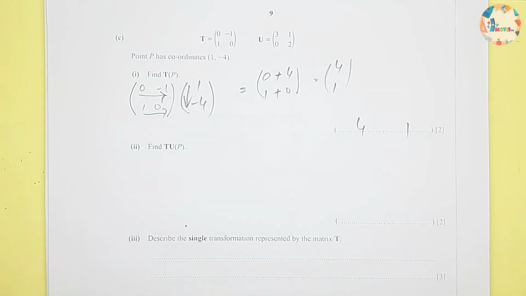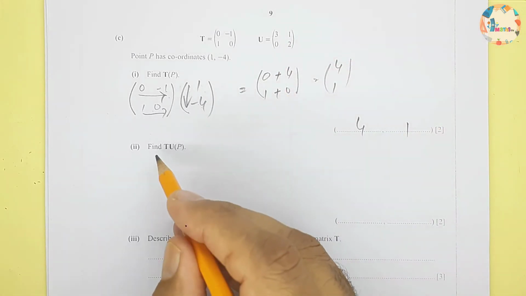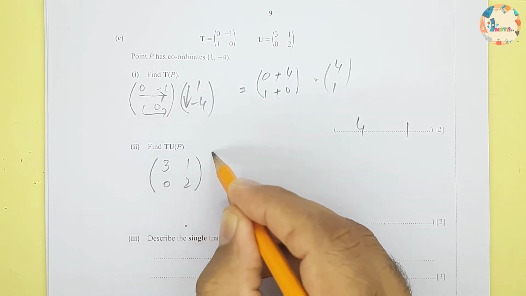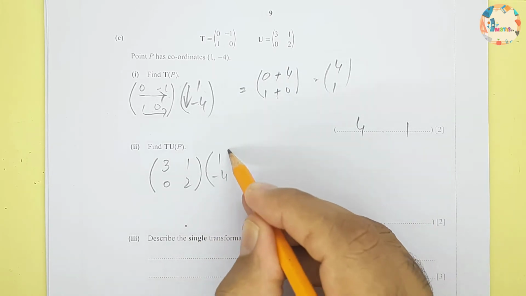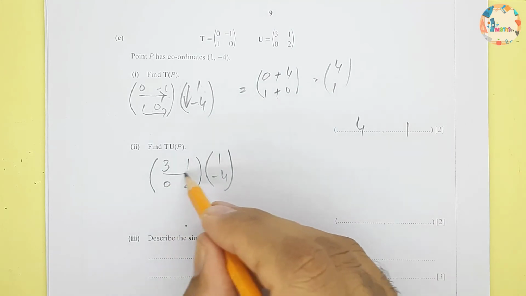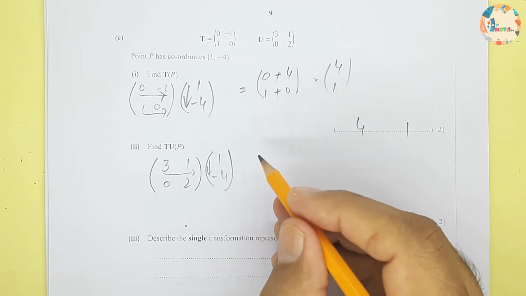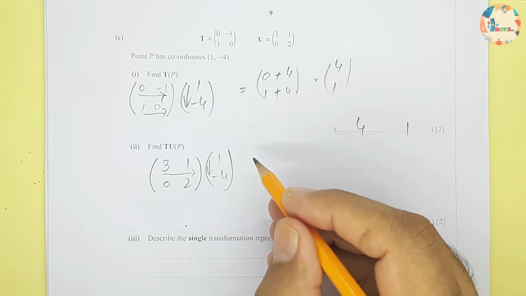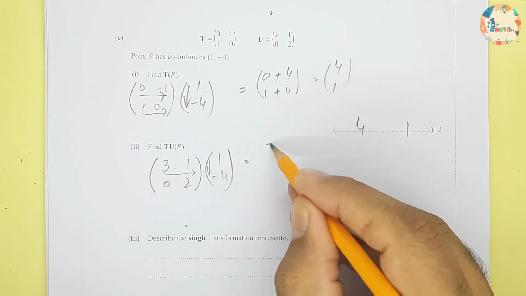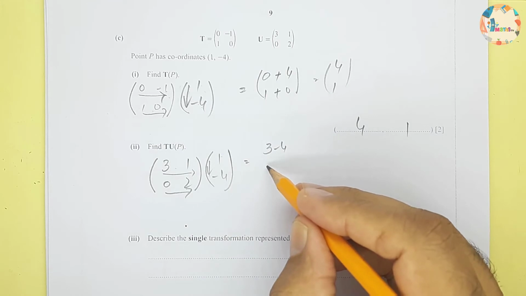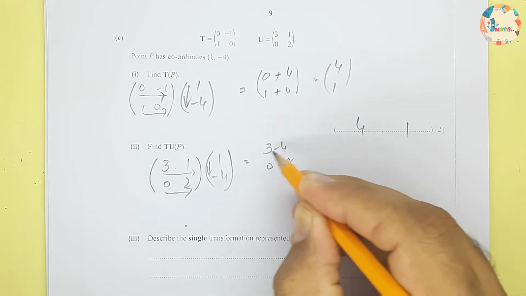Now find TU of P. First of all we will apply U on P. So 3, 1, 0, 2 we will apply on P, which is 1 and -4. We will multiply this: 3 and -4, and this row and this column will be 0 and -8.